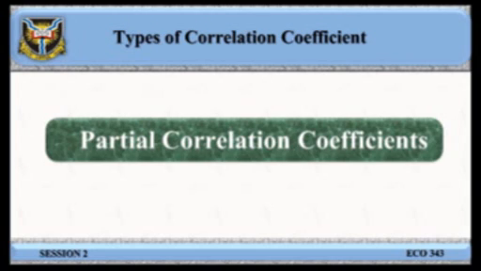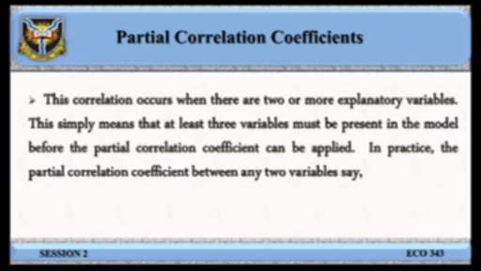Types of correlation coefficients. Partial correlation coefficients. This correlation occurs when there are two or more explanatory variables. This simply means that at least 3 variables must be present in the model before the partial correlation coefficient can be applied.